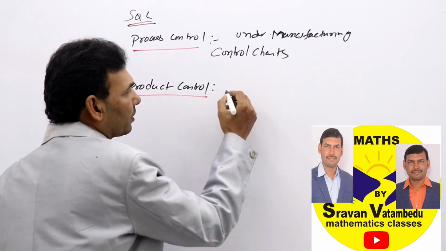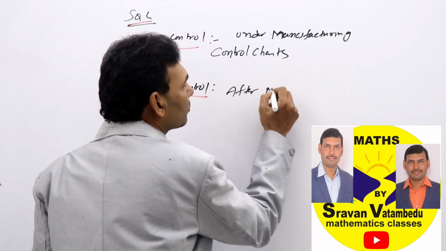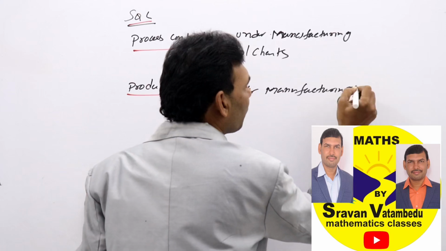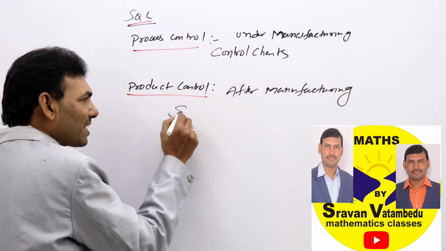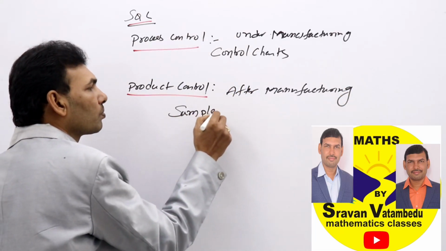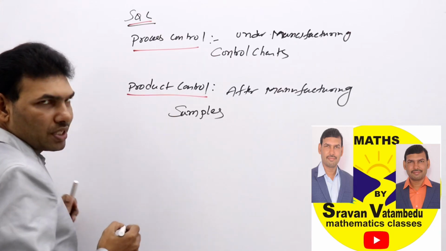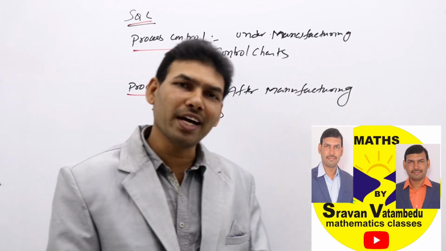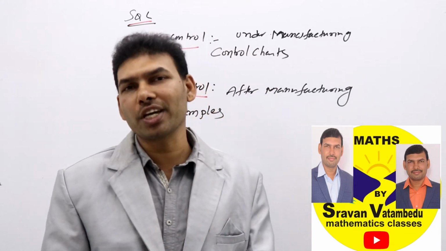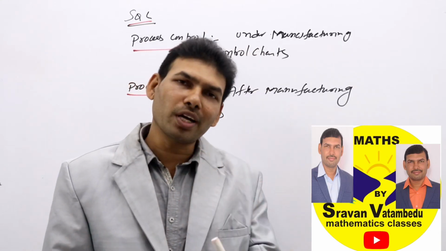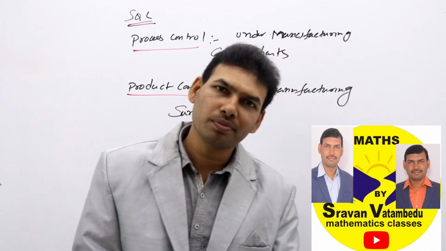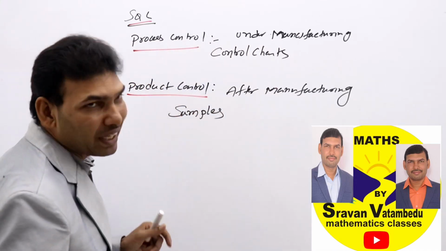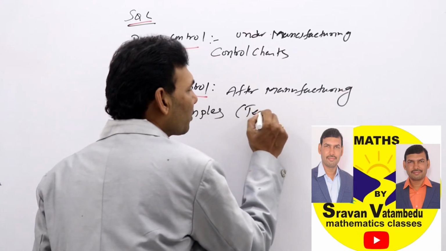After manufacturing the product, by taking samples, we are going to test. The product is manufactured. Now we are going to check whether the product is up to the standard or not. That can be done using the sampling technique. That is a testing process.